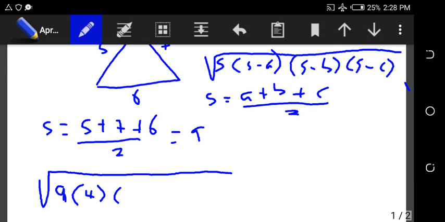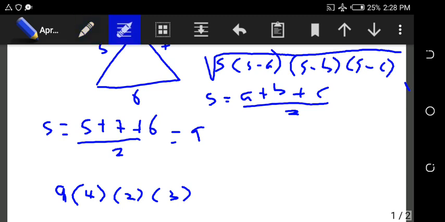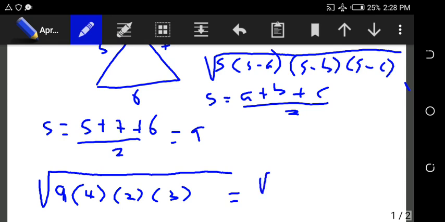In the bracket again, S minus B here. S minus what? Our B is 7, so 9 minus 7, that's 2. We'll have a 2. Then for the third one, S minus C. Our C is 6. 9 minus 6, that's a 3. So we'll have a 3. Now multiplying 9 times 4 times 2 times 3. That will give us the square root of 216.